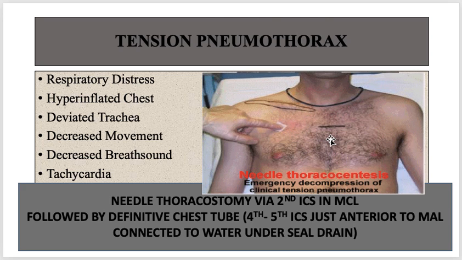That's what we call tension pneumothorax. The patient is in hypotension with respiratory distress, and there are signs of chest trauma with tracheal deviation. Of course, when the air is on this side, the trachea will be pushed to the opposite side.